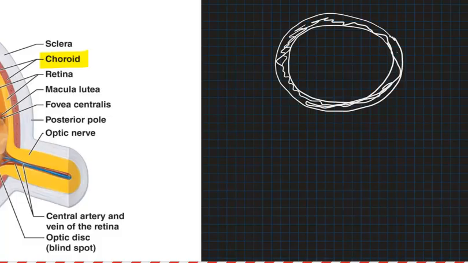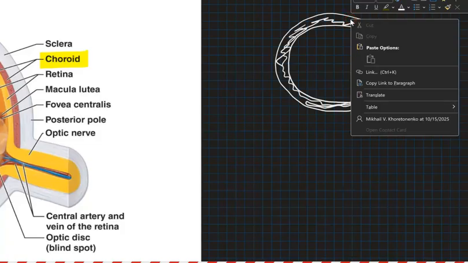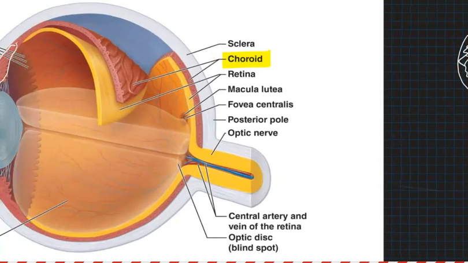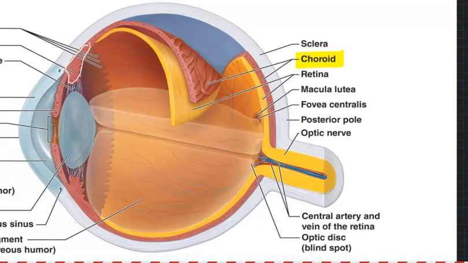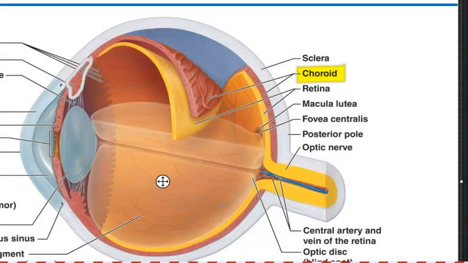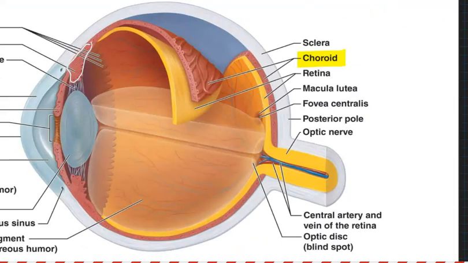Now, when you look at the photograph that you have, you can see that the lens, the second refractory structure in your eye, is hanging.